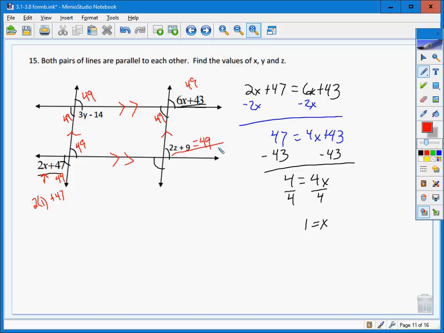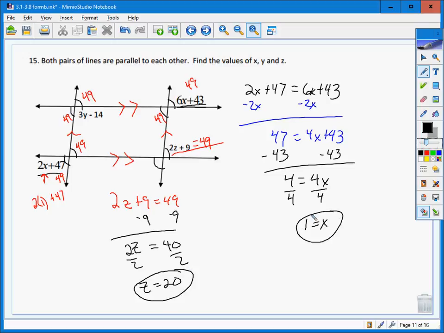You can see there's another equation. 2z plus 9 equals 49. Subtract 9 from both sides. 2z is equal to 40. Divide both sides by 2. Z is equal to 20. There's two of my answers so far.